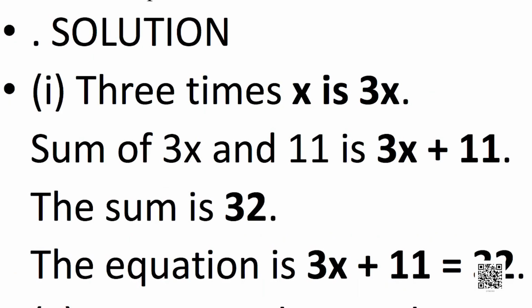The solutions are as follows. For the first statement, 3 times x is 3x. The sum of 3x and 11 is 3x + 11. The sum is 32. Hence, students, the equation is 3x + 11 = 32.